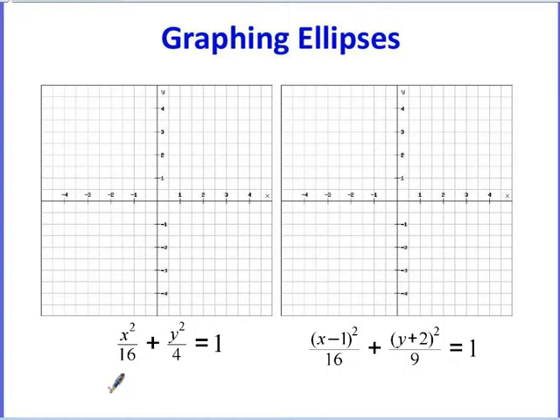When we go to graph these, again, the center is the opposite of what's in parentheses. There are no parentheses on either of these, so my center is going to be at 0, 0. Then I'm going to use the numbers underneath to tell me the length of the different sides. This is 16, so just like I did with the circle, it's the square root, so a is going to be equal to 4.